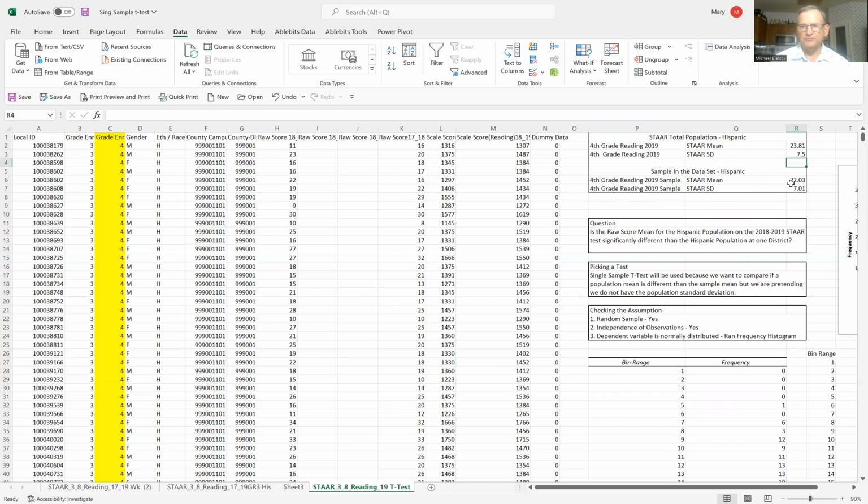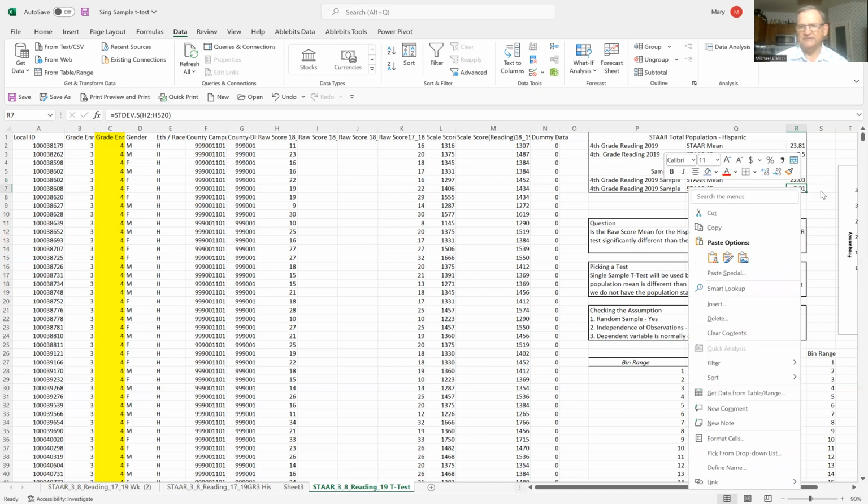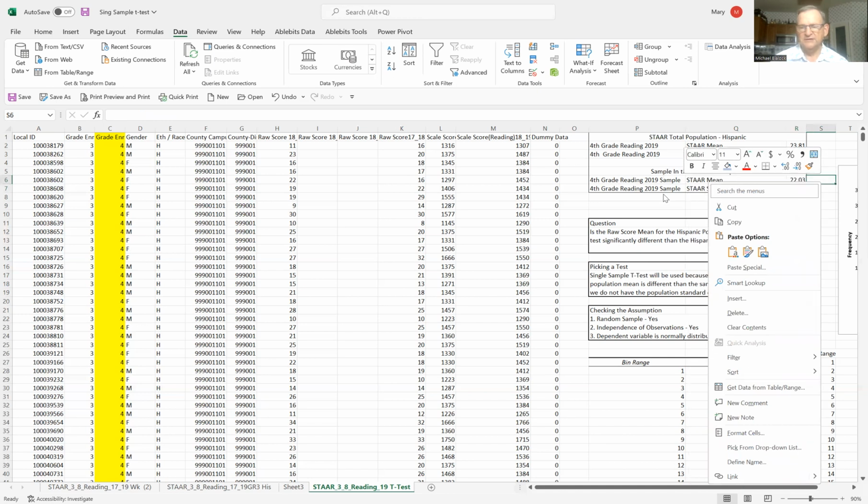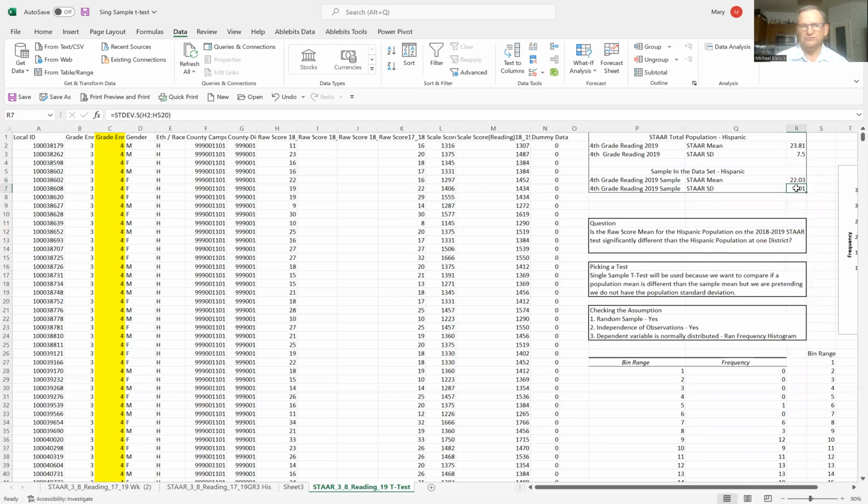The sample for my fourth graders, I used the formula of average to get the mean, which was 22.03, which was a 1.78 difference. And the standard deviation, I was able to calculate it using the standard deviation formula with my sample from all of the raw scores for the 18-19 test.